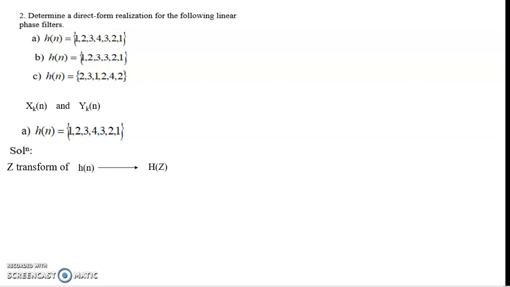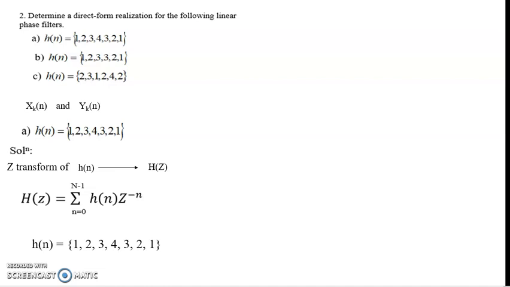Here's the formula we need to follow to convert h of n to H of z. Look at the formula. What does the capital N mean? The capital N is the length of the sequence of the impulse response h of n.